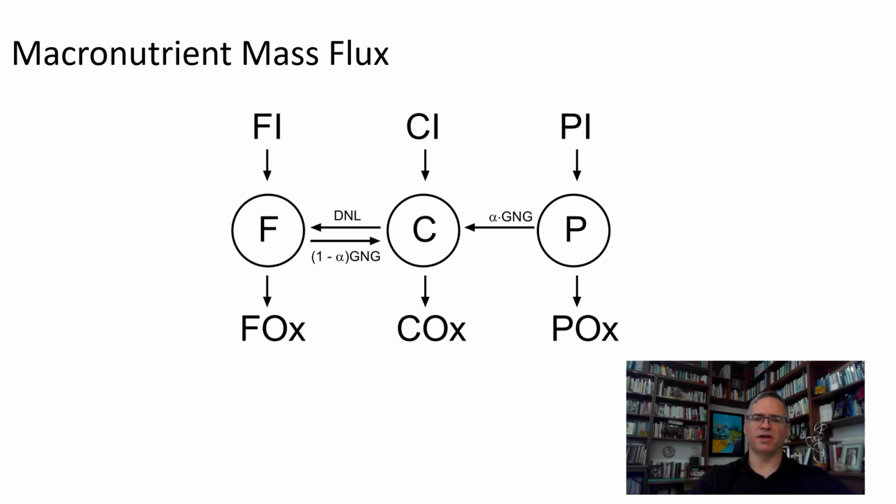Fi is the average absorbed fat intake, Ci is the average absorbed carbohydrate intake, Pi is the average absorbed protein intake. Fox is the average fat oxidation, Cox is the average carbohydrate oxidation, and finally, Pox is the average protein oxidation.